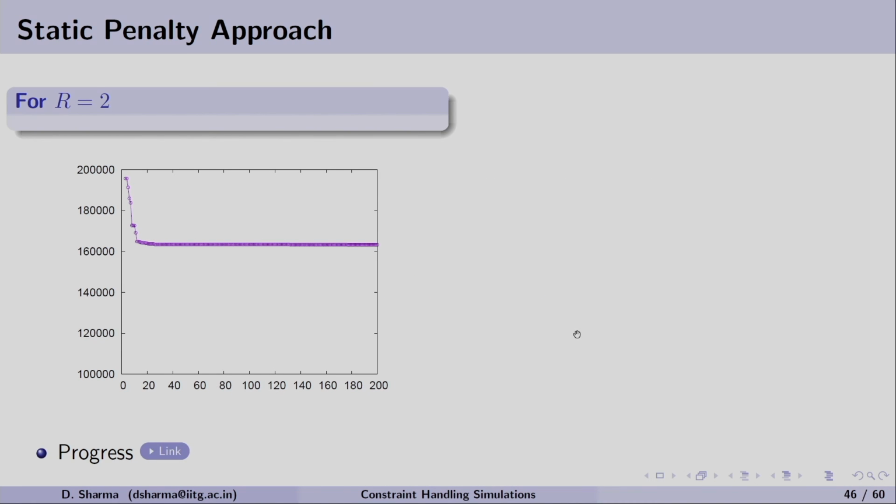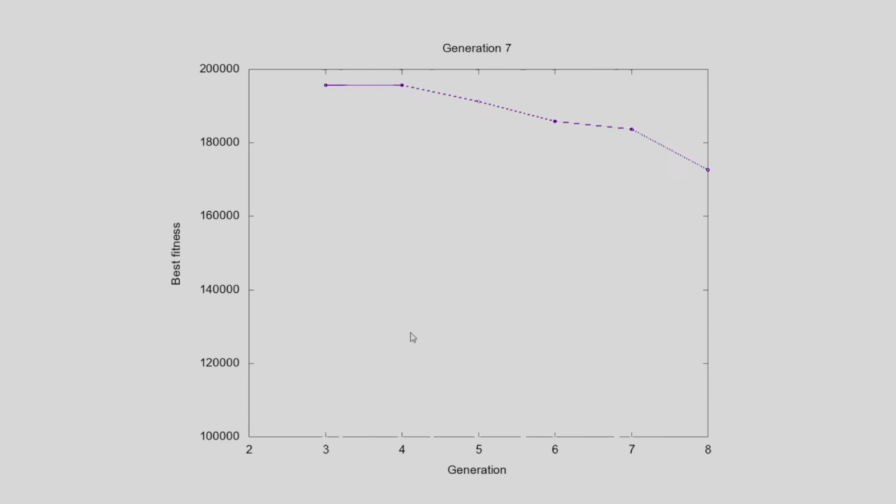Let us see the solution using the static penalty with R equal to 2. Here, as we know, the problem has 10 variables, so we cannot show the simulation; however, we will see the progress. As we can see, close to 20 or 30 generations, this particular approach has found the solution for the given problem.